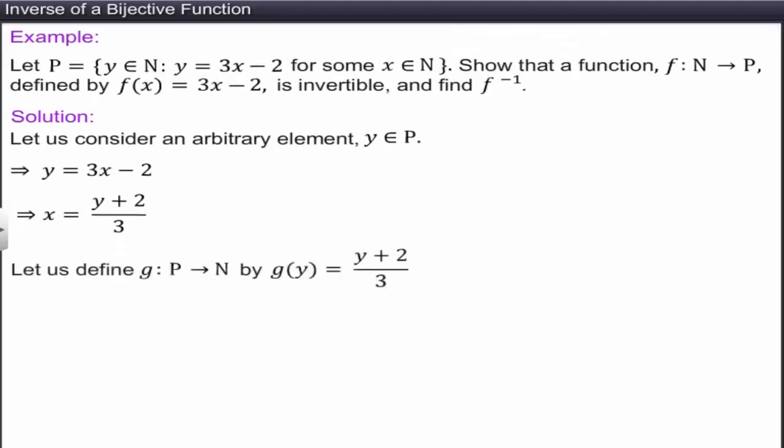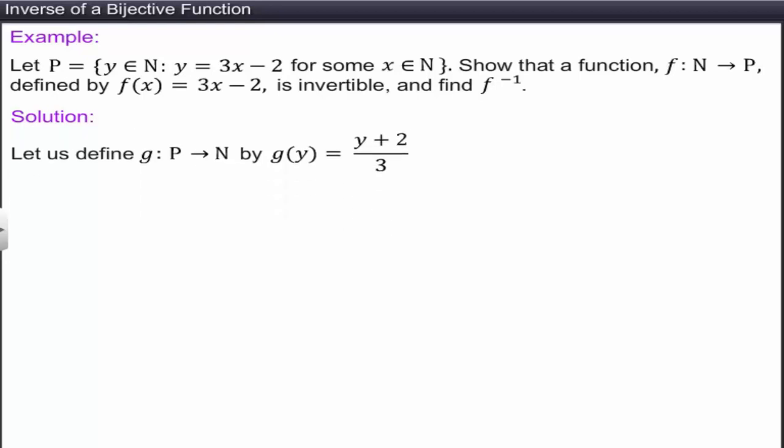Let us now define a function g from P to N by g of y is equal to (y plus 2) whole divided by 3. Now, g will be the inverse of f if g circle f and f circle g are identity mappings. Let's check it out. Consider any arbitrary element, x, from the set of natural numbers.